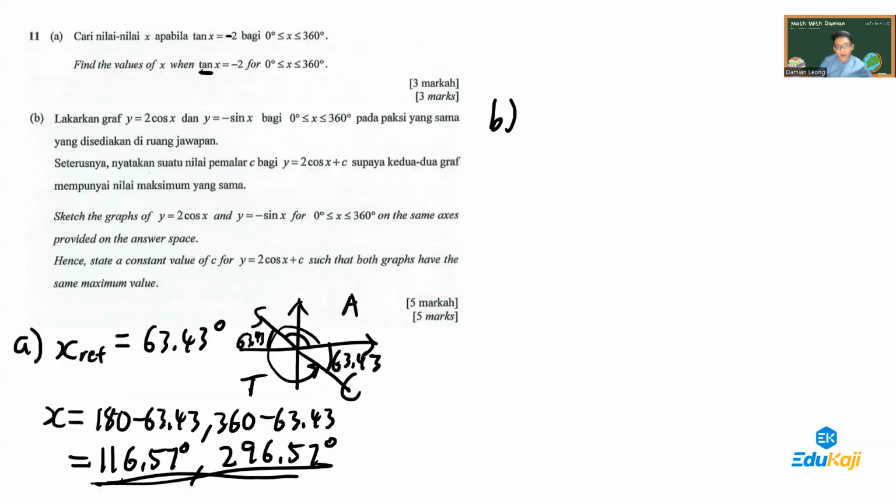I want to sketch the graph of y equals 2 cos x and y equals negative sine x on the same axis. Okay. So, how do we sketch this out? Let me draw for you the axis first.